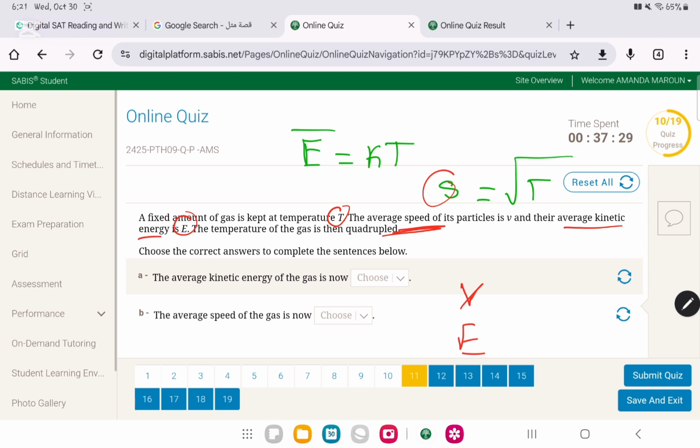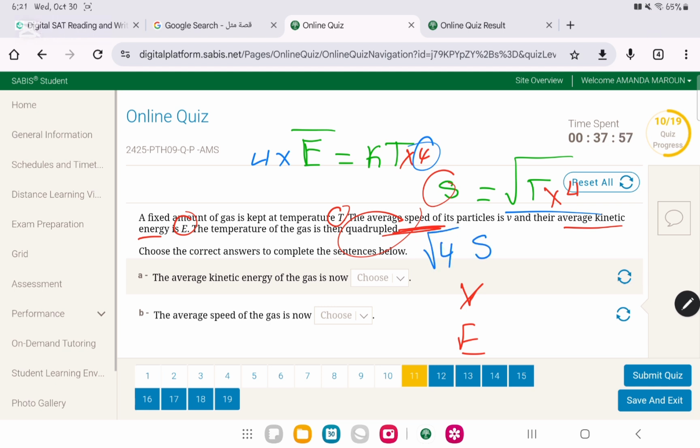Okay? The temperature of the gas is then quadrupled. So now what happens? You're multiplying the T by 4. And here you're also multiplying the T by 4. So what happens is that if you multiply over here by 4, then you also have to multiply here by 4. However, if you multiply here by 4, they are all under the radical. So what happens is that you'll have to multiply S by radical of 4.